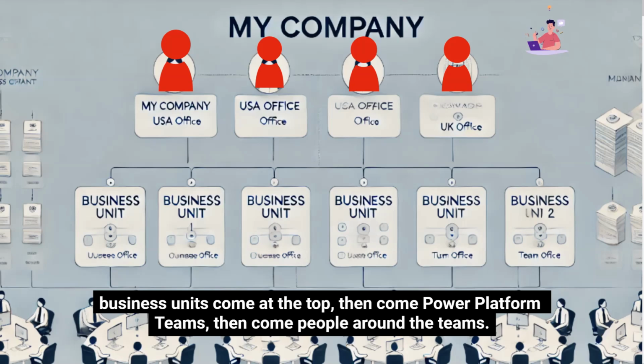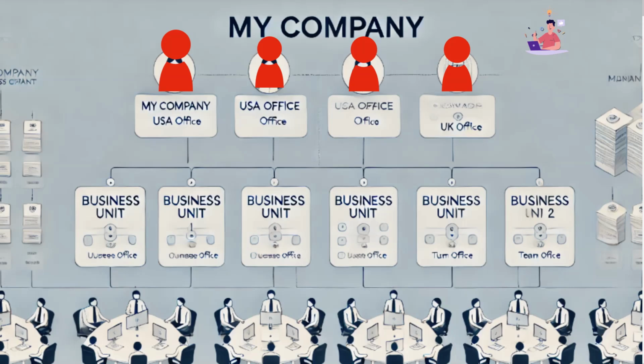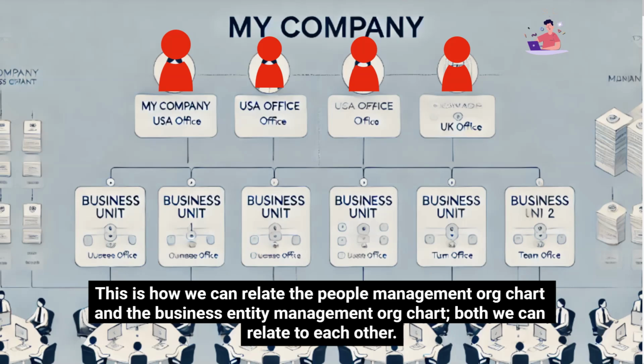So, in the business units and Power Platform teams hierarchy, business units come at the top, then come Power Platform teams, then come people around the teams. This is how we can relate the people management org chart and the business entity management org chart. Both we can relate to each other.